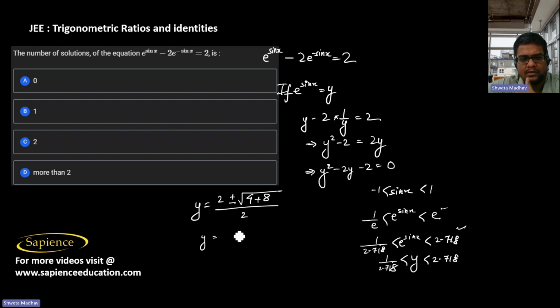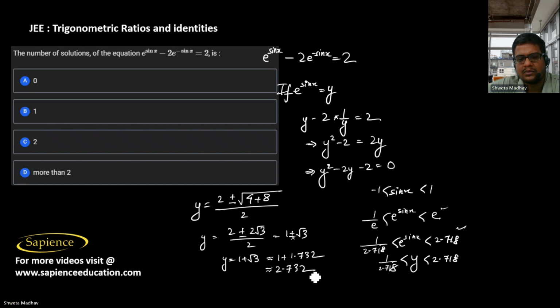So y will be equal to 2 plus or minus square root of 12, which is 2 root 3, by 2, which is equal to 1 plus or minus root 3. But root 3 is more than 1, so this negative value we can't take. So y will be equal to 1 plus root 3. Root 3 is 1.732 approximately, so it is approximately 2.732.